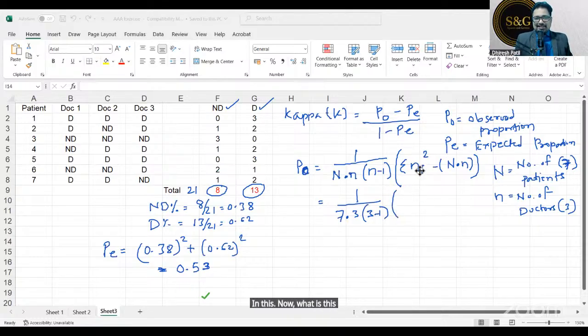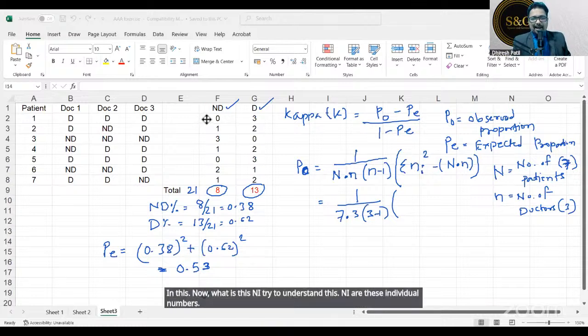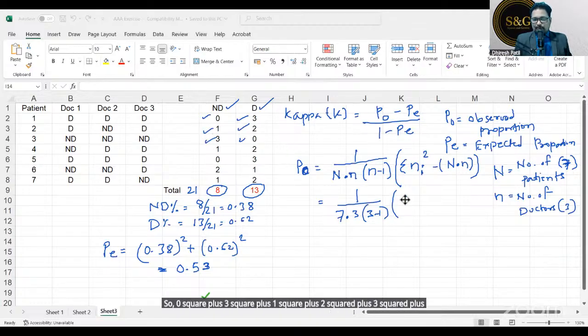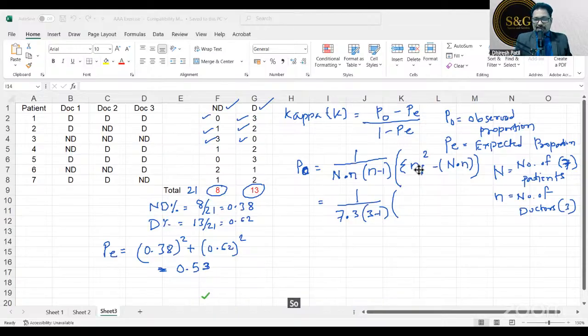Try to understand this. Ni are these individual numbers. For example, summation of Ni squared is 0 squared plus 3 squared plus 1 squared plus 2 squared plus 3 squared plus 0 squared, and so on. That calculation comes out to be 47.